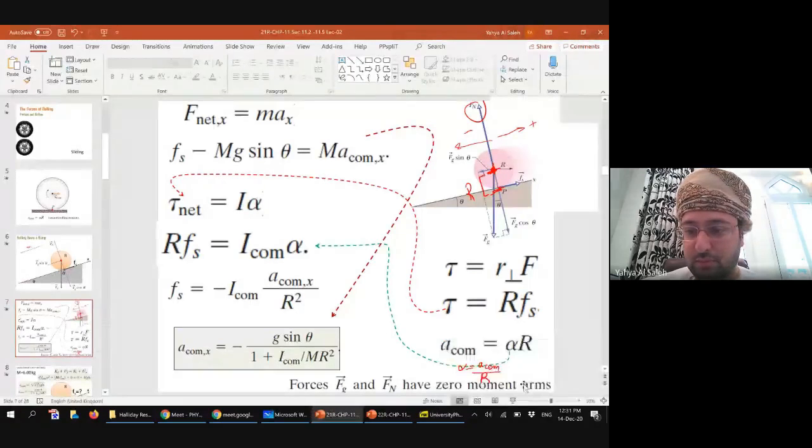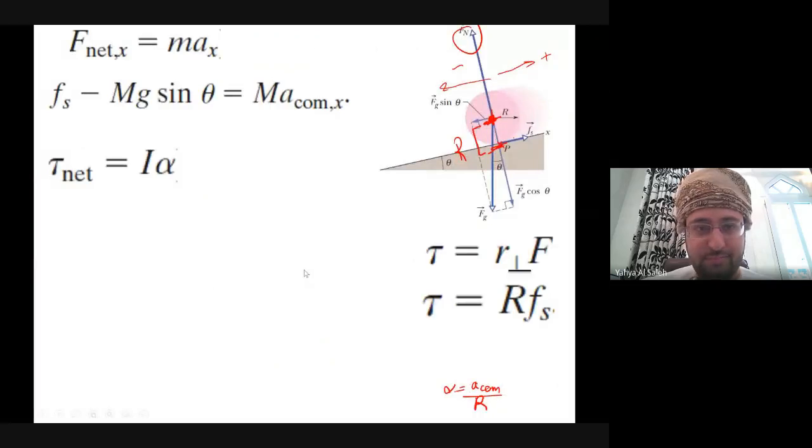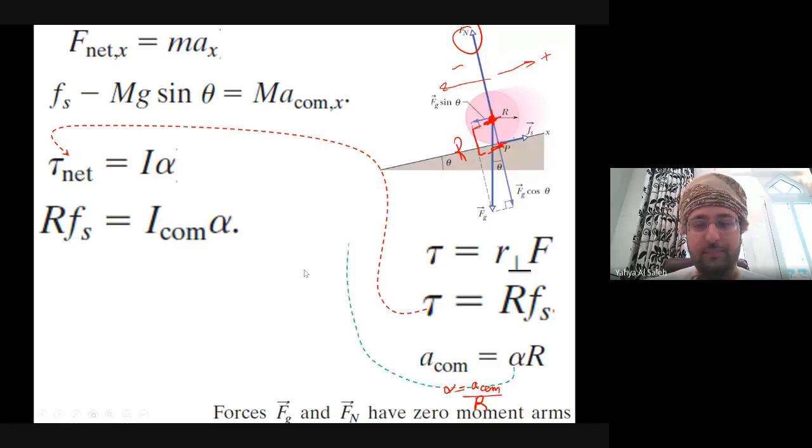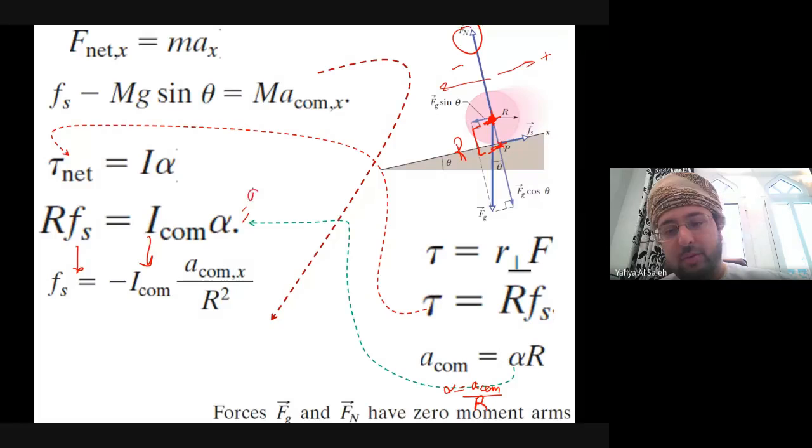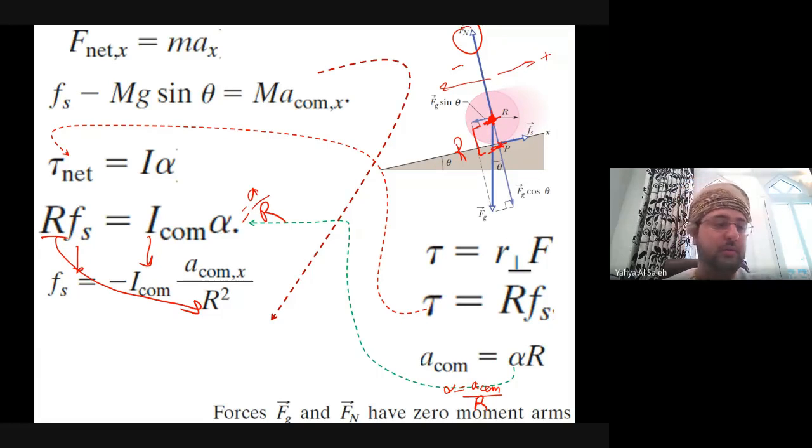All right, so where was I? I will substitute alpha equals ACOM over R. So Fs, ICOM, alpha equals A over R. I will bring this R also down, and I end up with Fs equals minus ICOM ACOM over R squared.